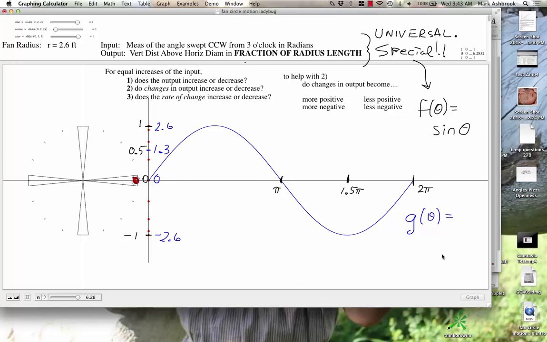How do we get that fraction of 2.6 feet? We just multiply. We take this fraction of 2.6, which gives us the answer in feet rather than in fractions of radius length.